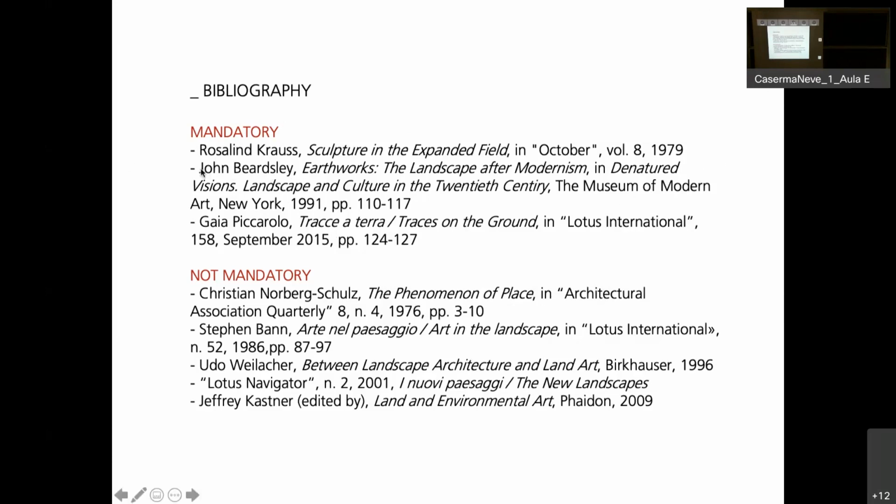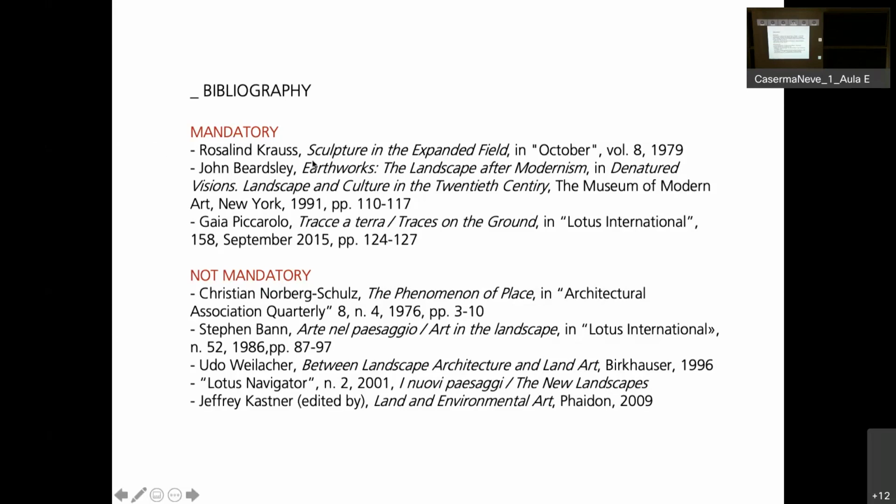Then there is this small essay by John Beardsley dedicated to earthworks, in the book Nature Visions: Landscape and Culture in the 20th Century, called Earthwork, the Landscape After Modernism. I will leave it in the copy center.